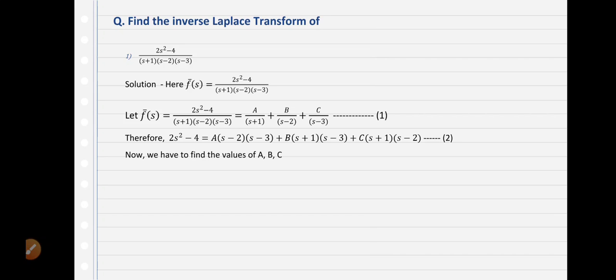And in the third case, to get the value of capital C, we put s equal to plus 3. Now using these values, we get the values of capital A, B and C.